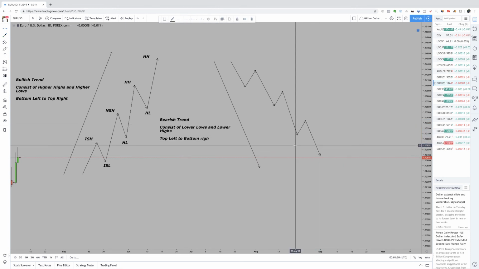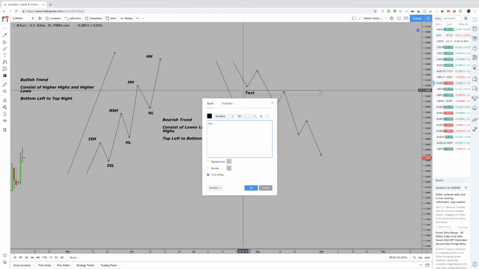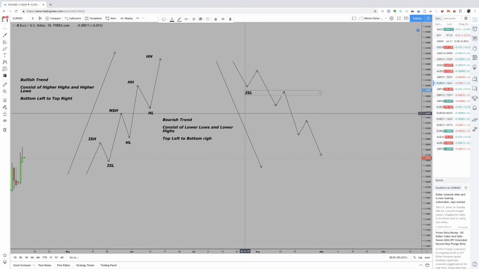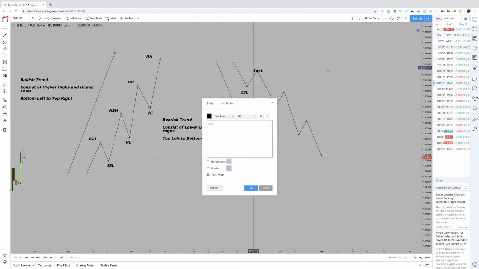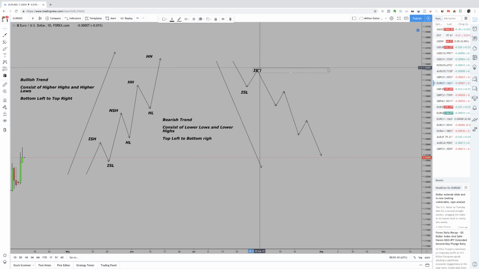Boom, price will go down. So remember, we have an initial structure low. Price went up to make an initial structure high. And then this is when the trend starts, or how you identify a trend.